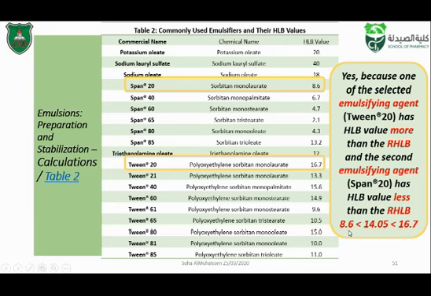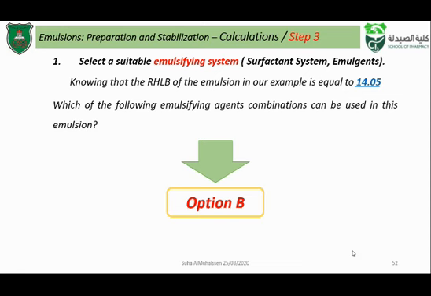Again, Tween 20 has HLB value 16.7, which is more than 14.05, and Span 20 has 8.6, which is less than 14.05.